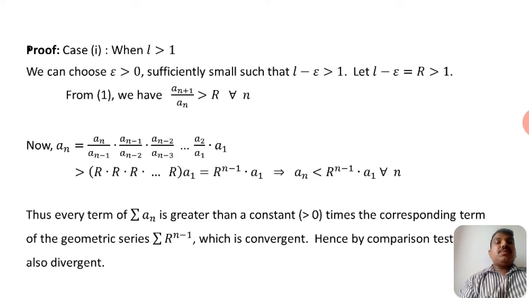Thus every term of the series is greater than a constant greater than 0 times the corresponding term of the geometric series sum of R to the power n minus 1, which is divergent, and by the comparison test the series is also divergent.